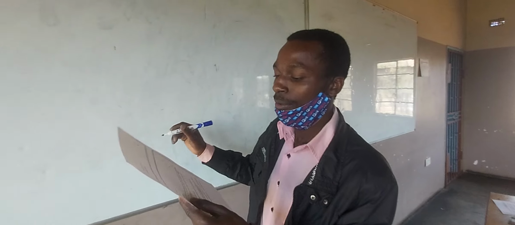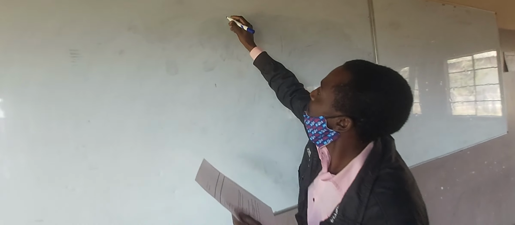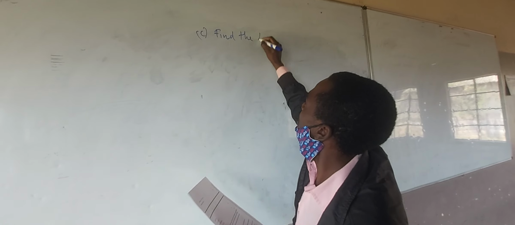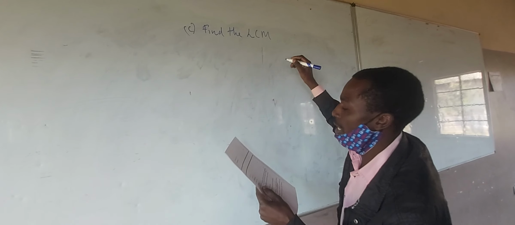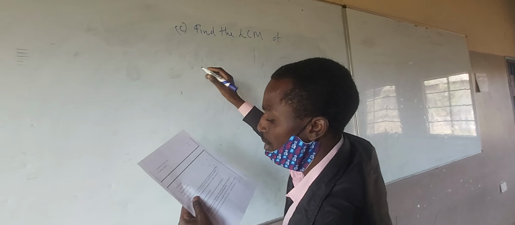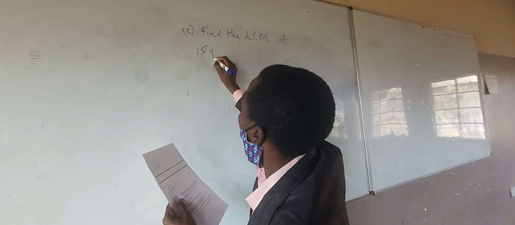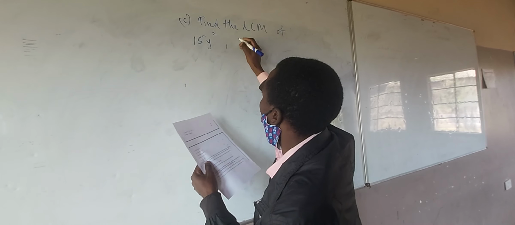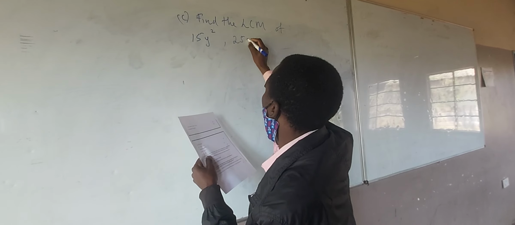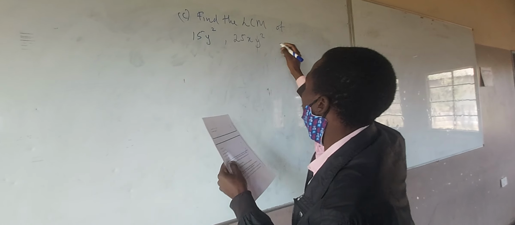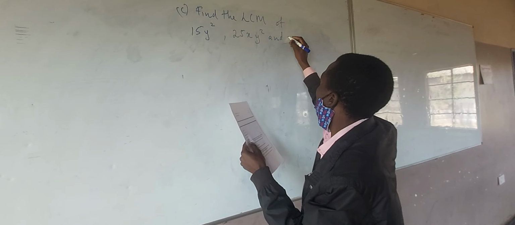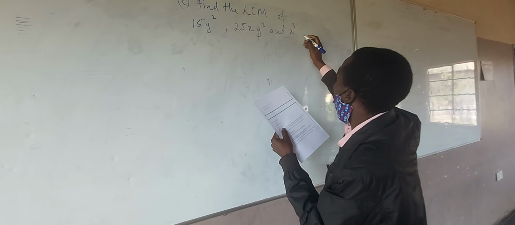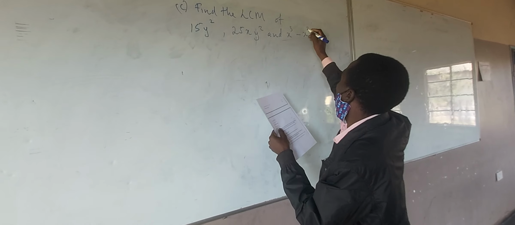Right. Let's see, in 1C we're saying find the LCM of 15y squared, 25xy squared, and x to the 3 minus x squared.